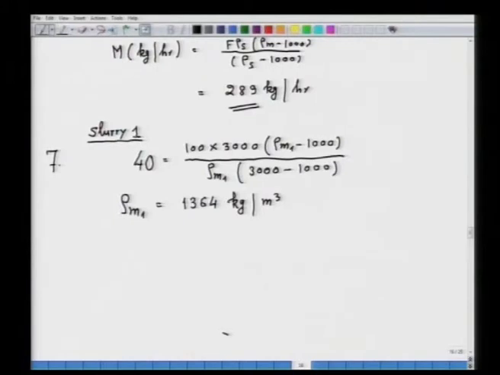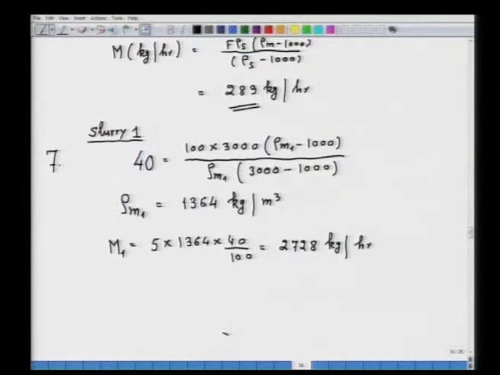Now, here itself I can calculate the mass flow rate of slurry stream 1, that is m 1, that is equal to 5, as all the values are given, into 1364 into 40 by 100, and that is equal to 2728 kilogram per hour.